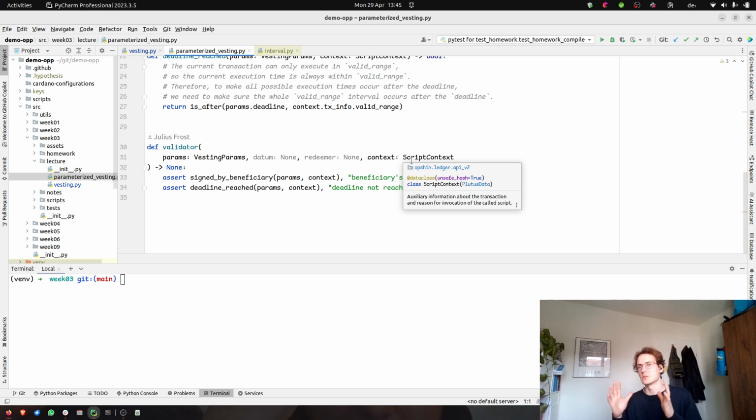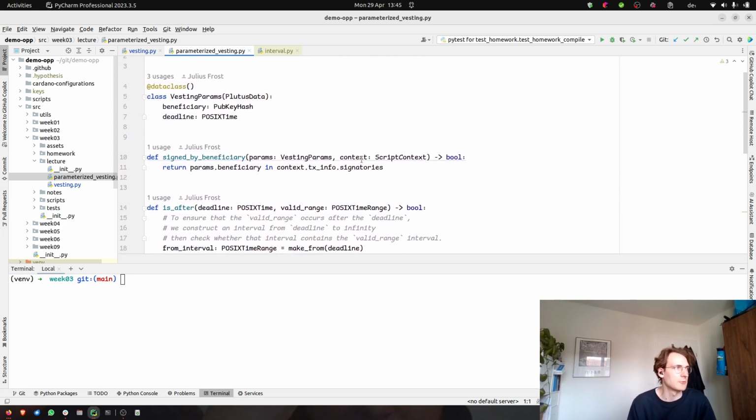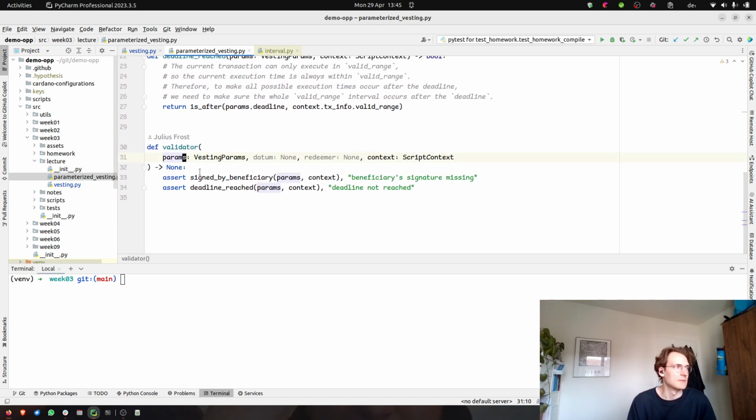So what we get is a new function that has only 3. The remaining 3 arguments are datum, redeemer, and context, and we basically don't need to re-specify any of them when we then deploy the smart contract. And the rest of the logic is exactly the same as before, because we have just chosen to keep the parameter type the same.